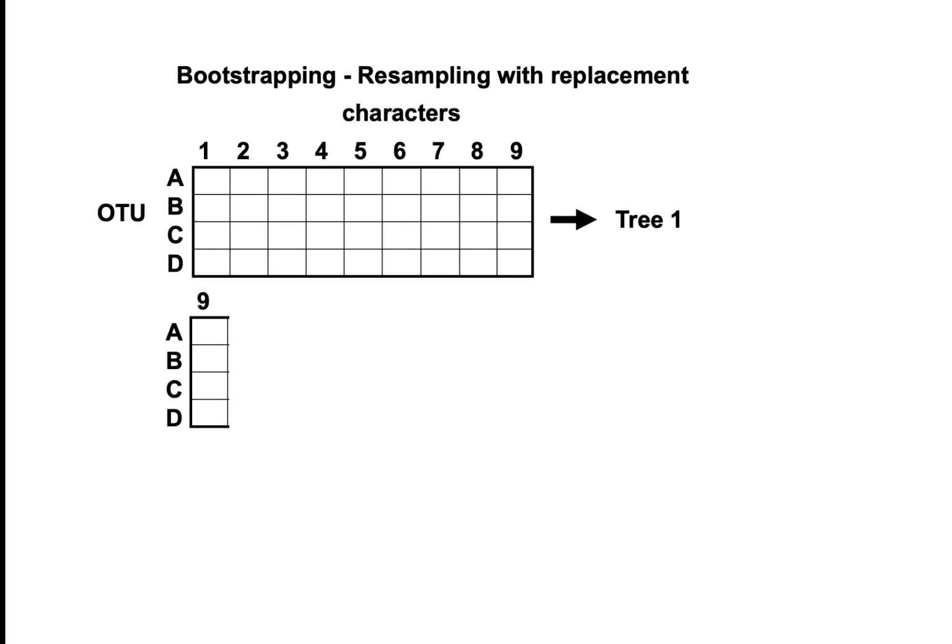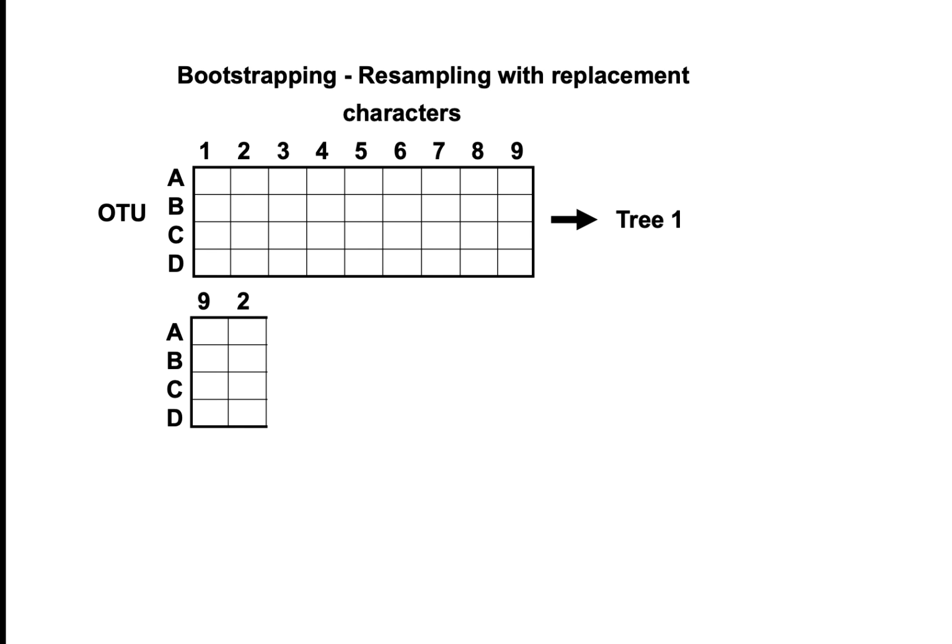So a new matrix is begun by resampling some of the data. It'll randomly select one of the characters to build a new matrix. In this case, character 9 is the initial one that is being used. Now, by replacement, it means that the data set still has character 9 and it can be chosen more than once.